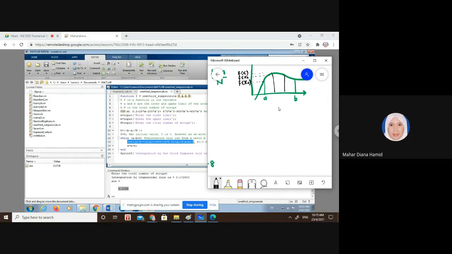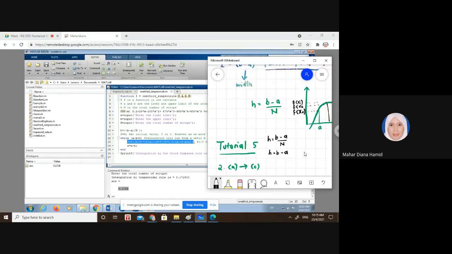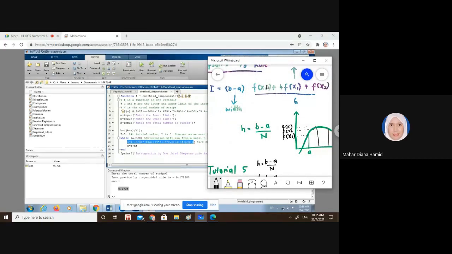So h over n here, since n is equal to 1, remember that h is equal to b minus a divided by n. However, since we assume that there's only one segment, h would be b minus a. And then if you refer back to this equation, you will see that this lot is divided by 6, so we are going to move 6 to the front.